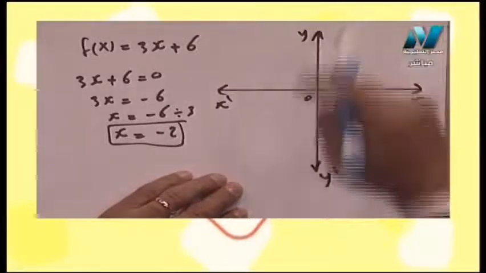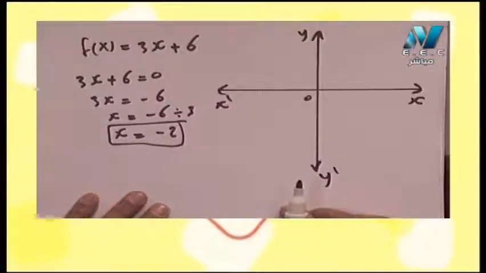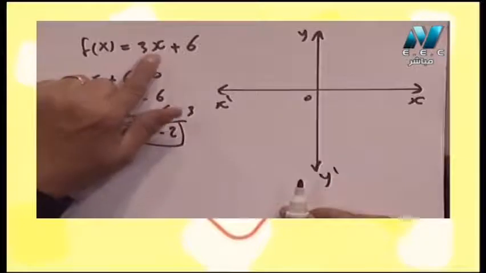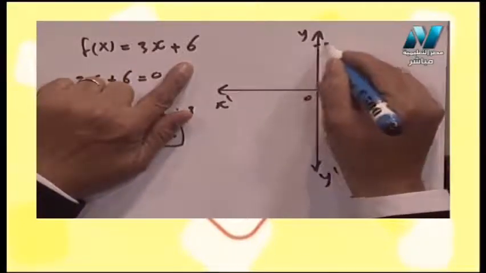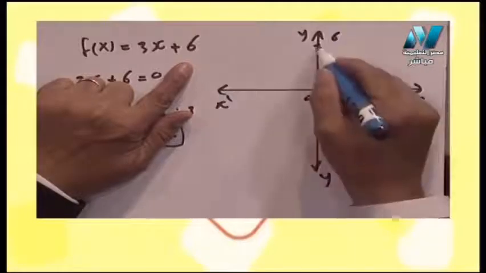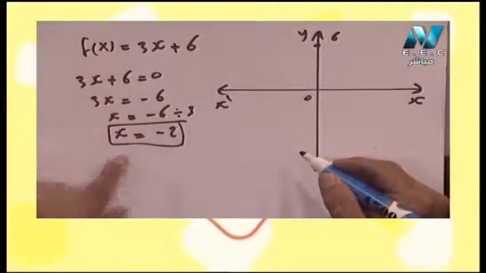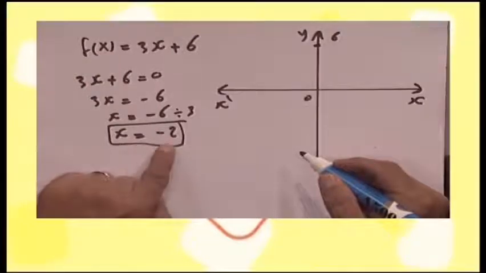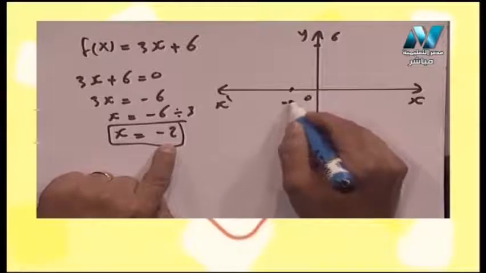This part is positive also, this part is negative. So if we would like to represent it graphically, just put x equals 0 and y will be 6. So the point is (0, 6). And put y equals 0, so x equals negative 2.